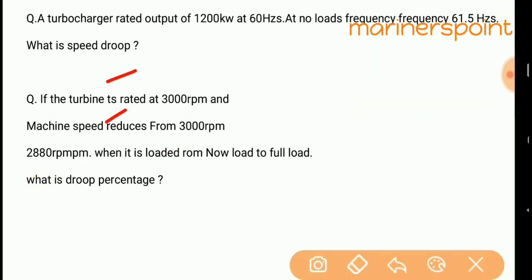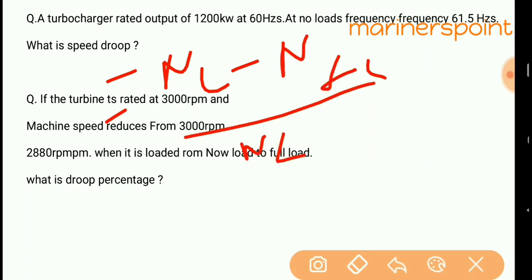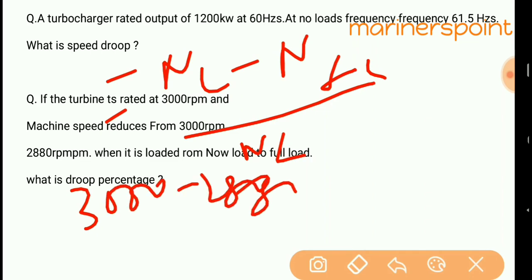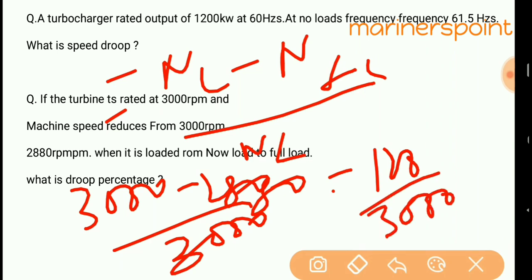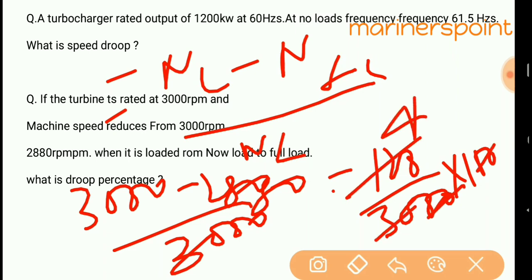Then we know the formula, with no load in the denominator. When you calculate, it will be 120 divided by 3000, and if it is asked in percentage, then multiply by 100. That is your 4% answer.